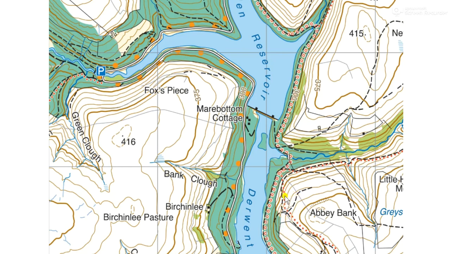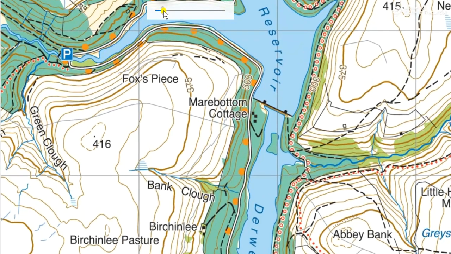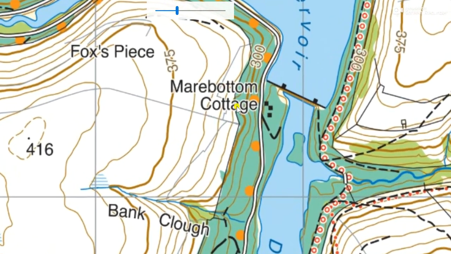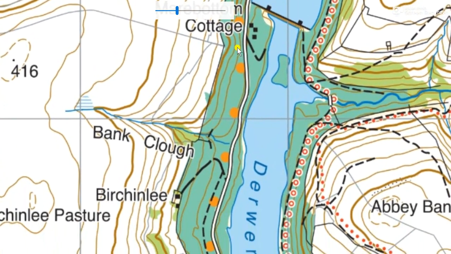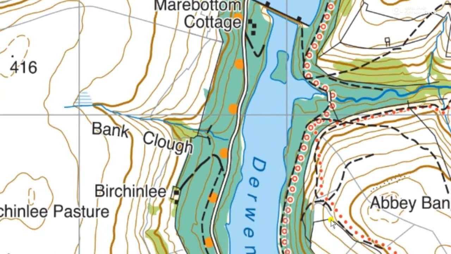Now we already said it's on a line through here somewhere. So what is it? Well, if I just zoom in slightly and have a look in more close detail, you see at this point here, you can see there's a tiny kink in the ruined wall there, and then it swings off leftwards and downhill, and there's another wall going rightwards across the contours there.